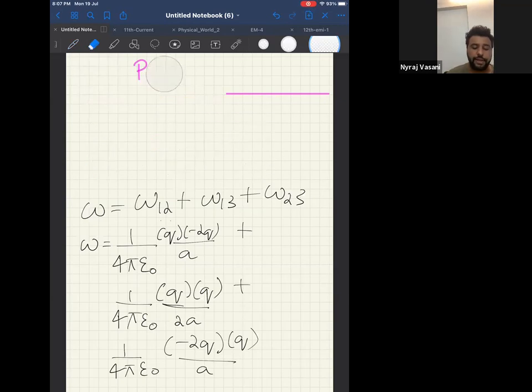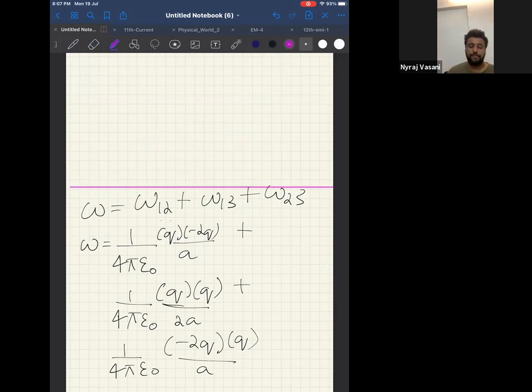So people have not got the answer. Take this as a clue and tell what you will get next. So work done will be 1 by 4 pi epsilon naught, which for now I'll keep outside. Actually, I can take Q square and A also outside, but for now I'll keep only 1 by 4 pi epsilon naught outside so that everyone can understand what happens inside.